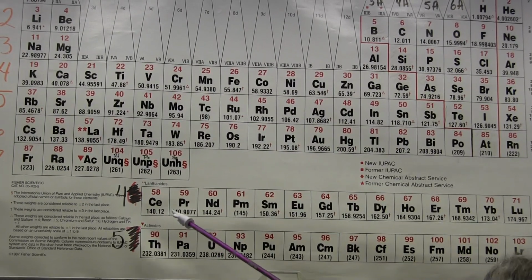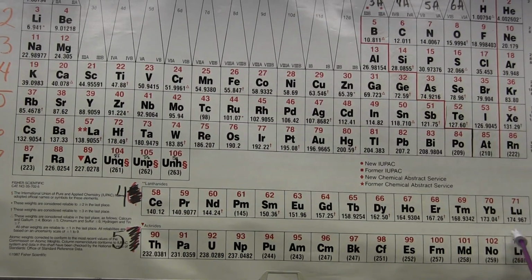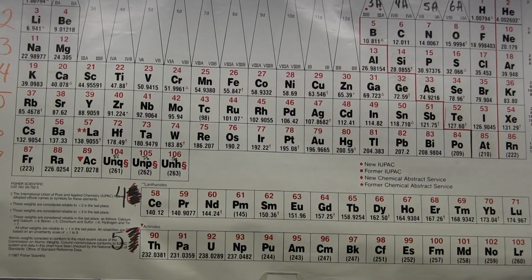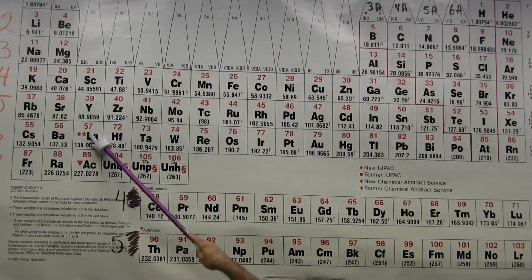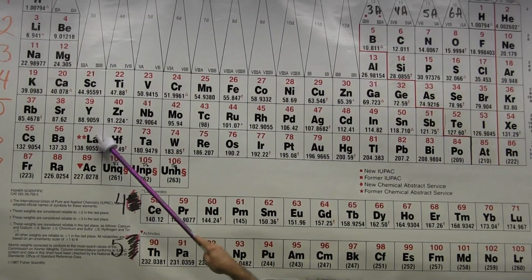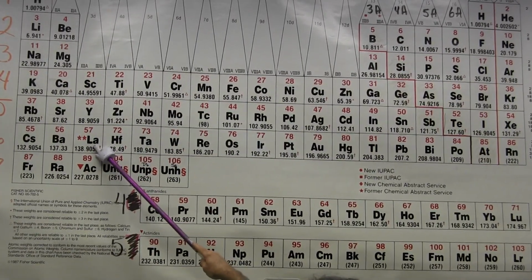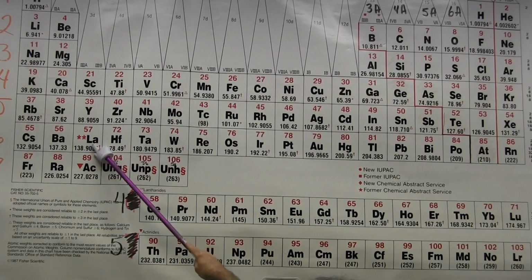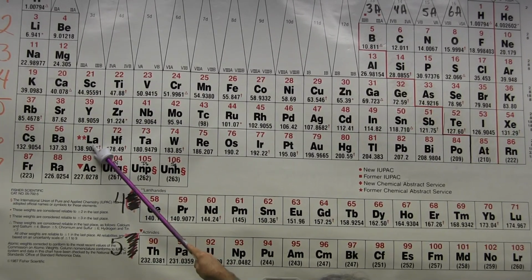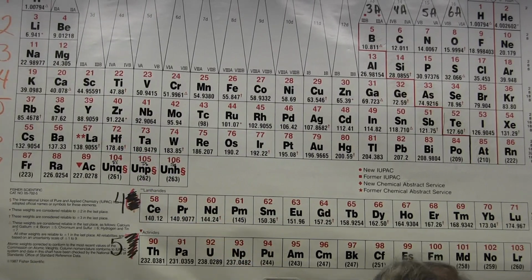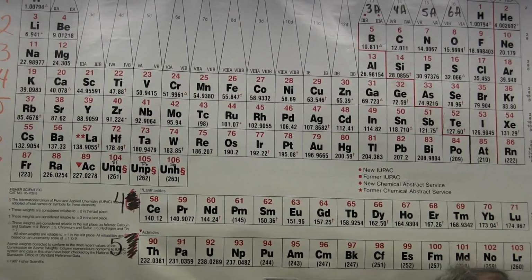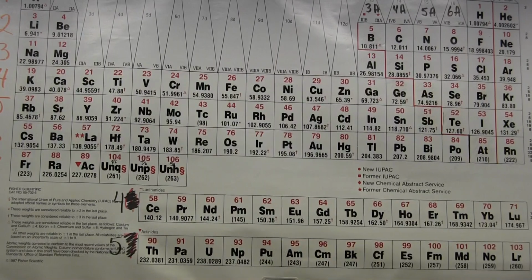So for the same reason, and I've got 14 of those, I've got 14 more positive charges, which means lanthanum is going to experience much more nuclear charge that's not being shielded, and therefore there's a lanthanide contraction. And so those are the two things we have to take into account for the general trends.